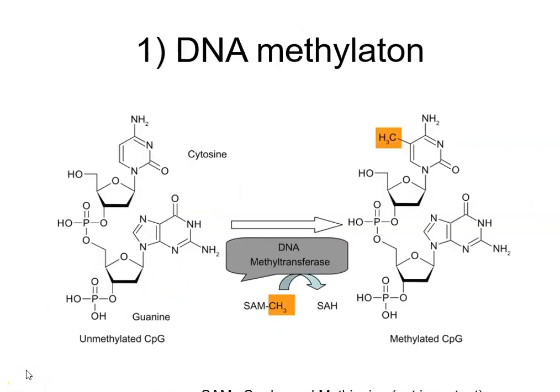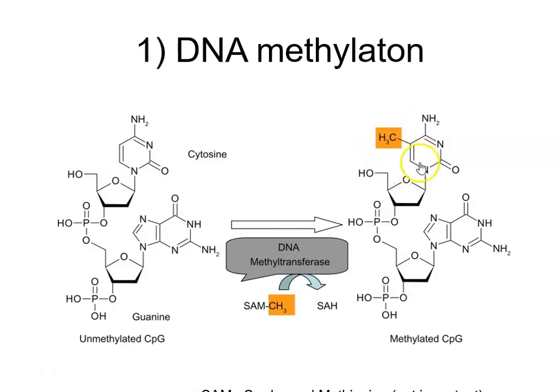Now first we're going to look at DNA methylation, and DNA methylation occurs at cytosine, specifically at cytosines and at no other bases. Now we have, here's a cytosine, here's guanine, and DNA methyltransferase is the enzyme that can allow the addition of a methyl group, so a CH3 group, onto cytosine, and this is our 5-methylcytosine.